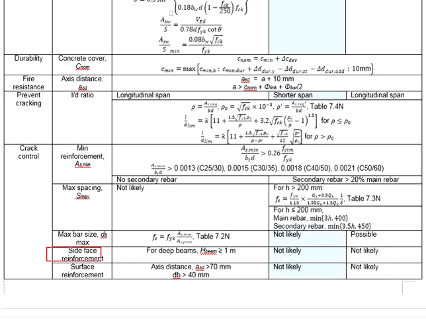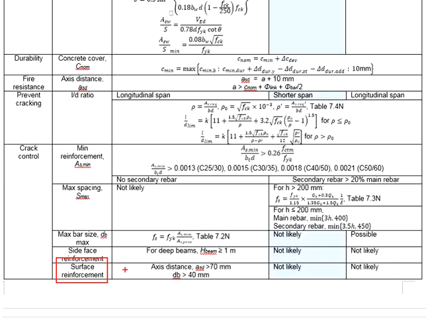Side face reinforcement is for deep beams with a height of more than 1 meter. Then you provide longitudinal rebar along the side face of the beam as a measure to control cracking. For typical beams, no side face reinforcement bar should be required.